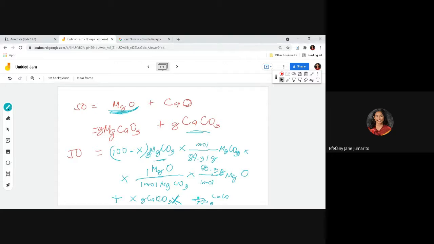Times, because we want calcium oxide from this equation, so 1 mole of calcium carbonate gives how many moles of calcium oxide?